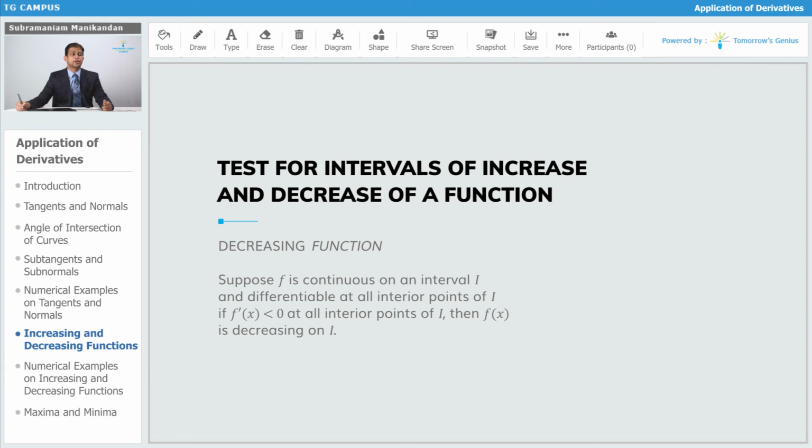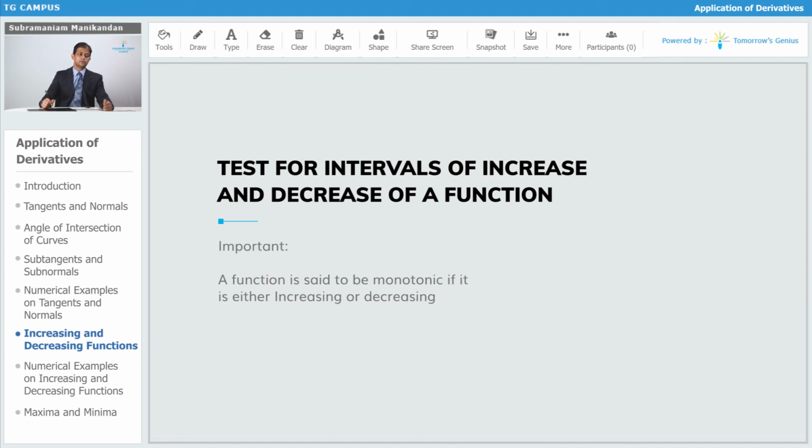Suppose f is continuous on an interval I and differentiable at all points in the interior of the interval I. If the derivative of the function has a negative value at all interior points on that interval, then f(x) is decreasing on the interval I. And the most important terminology which gets used in all the competitive exams: a function is said to be monotonic if it is either increasing or decreasing, not both.